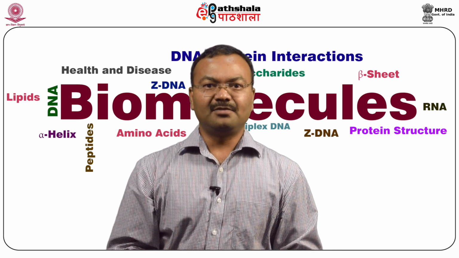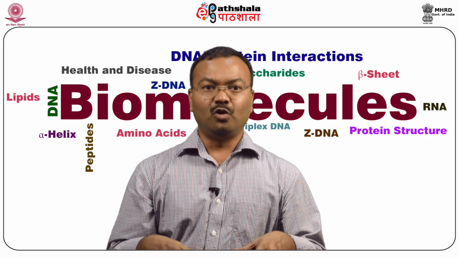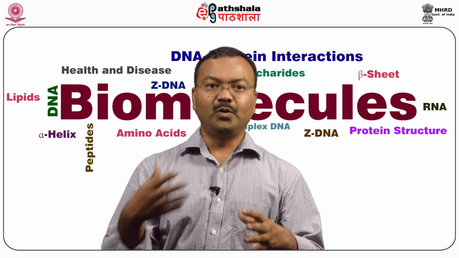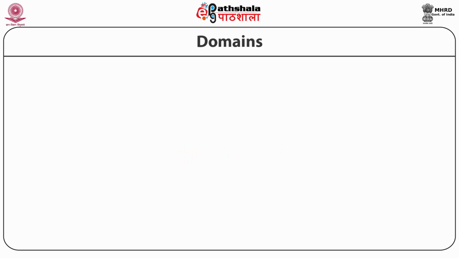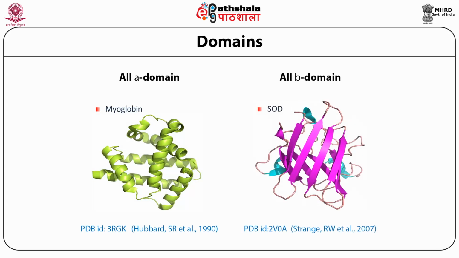Domains can also be classified into approximately 800 families if you go into more detail. Here I have shown an example of an alpha plus beta domain and an alpha beta domain. The classical example of an alpha plus beta domain is PAP phosphatase, where you can see a lot of beta sheets and alpha helices in the structure.